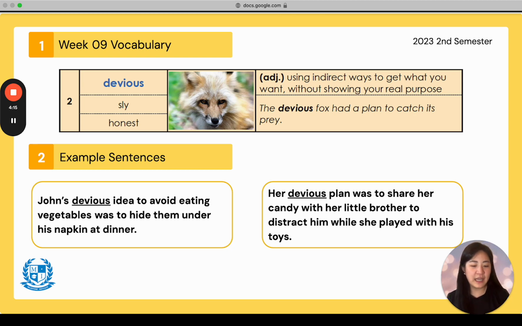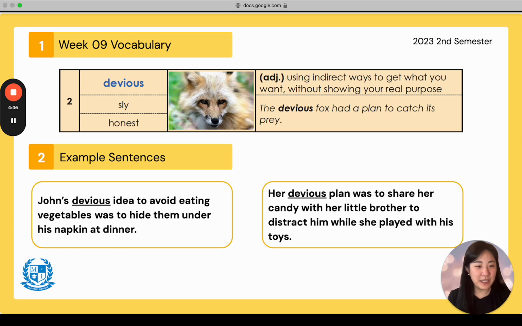So you're trying to get what you want, but not really show people that you want it. The example sentence says, the devious fox had a plan to catch its prey. So the fox had some kind of sly and tricky way trying to catch its prey. Okay? Without being caught. Please repeat after me. The devious fox had a plan to catch its prey. Good job.